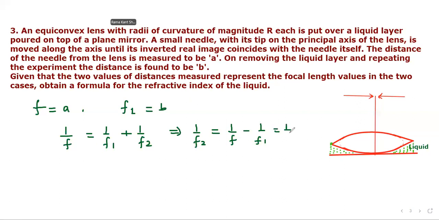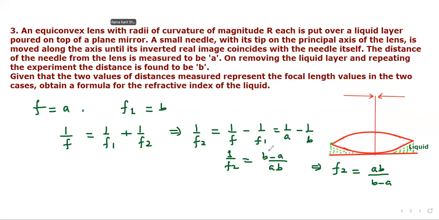So 1 upon A minus 1 upon B. That is, 1 upon F2 will be B minus A upon AB, which implies F2 equal to AB upon B minus A. Now we have got the focal length in two cases.